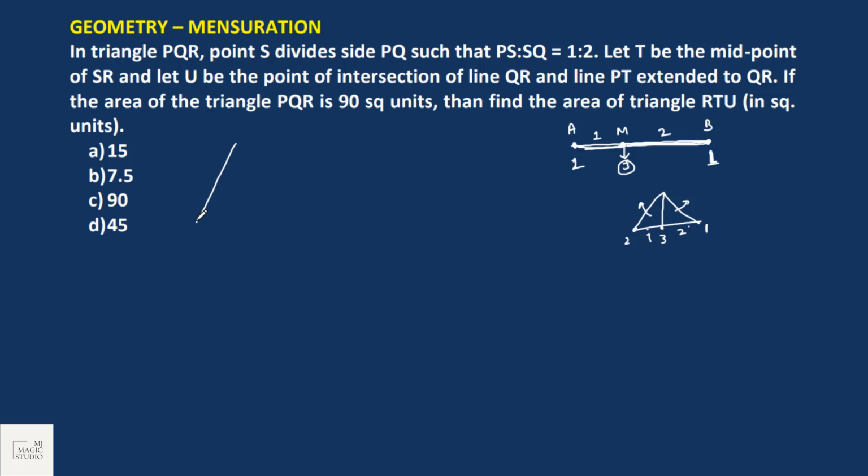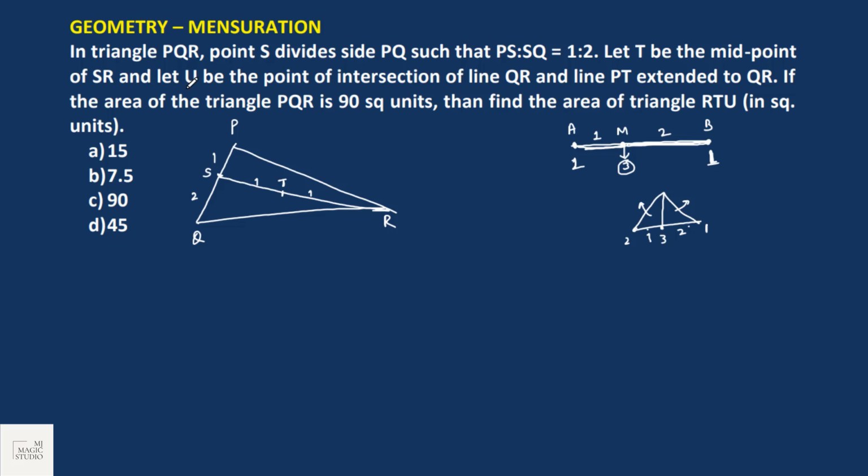Let's use this. In triangle PQR, point S divides PQ such that PS is to SQ is 1 is to 2. Let this point be S. T is the midpoint of SR. Let me join SR. Then T is the midpoint, that means the ratio of ST to TR would be 1 is to 1.